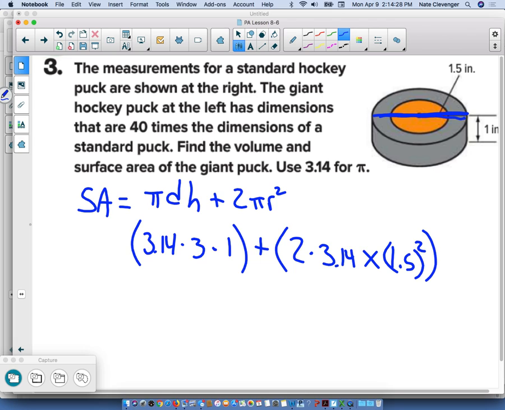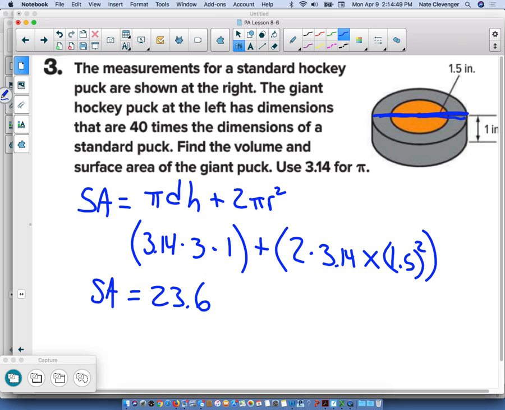Does that say 23.5 or 2.3? 2 times 3.14. 23.55. So 23.6 if we round to 1 decimal place would be the surface area.